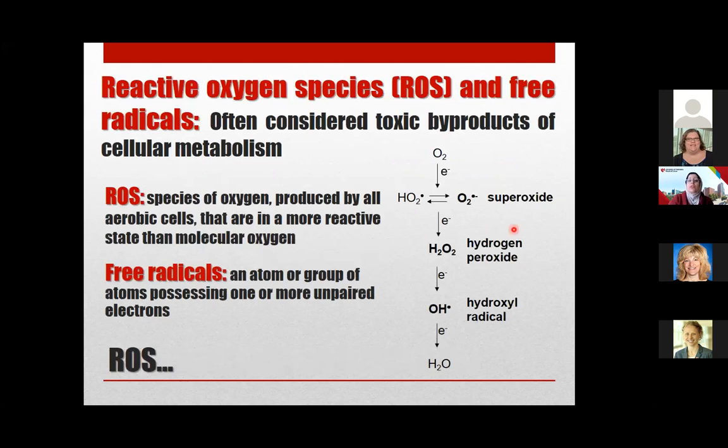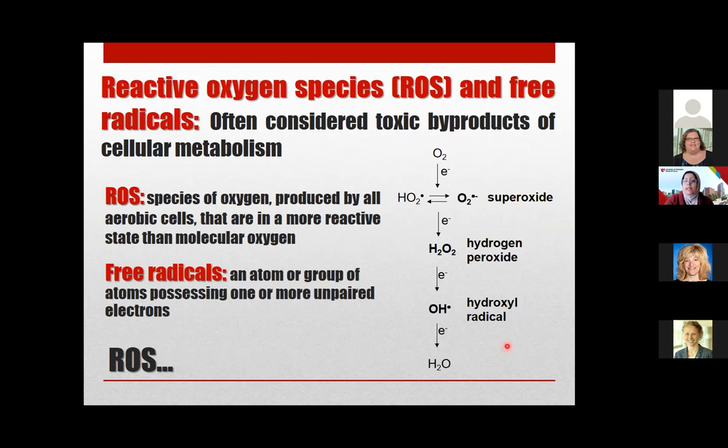So reactive oxygen species and free radicals are considered toxic byproducts of cellular metabolism. During respiration, we use oxygen, and the oxygen will be around the mitochondria. Normally, there is a 5% leak of electrons from the mitochondria, which can be captured by a molecule of oxygen, and this can lead to generation of the superoxide free radical.